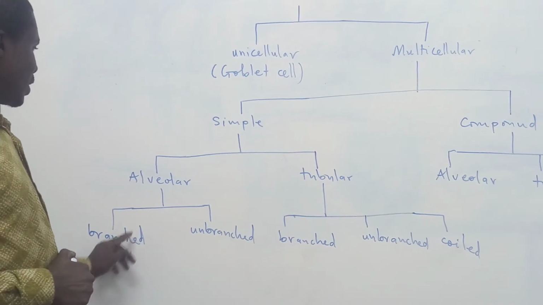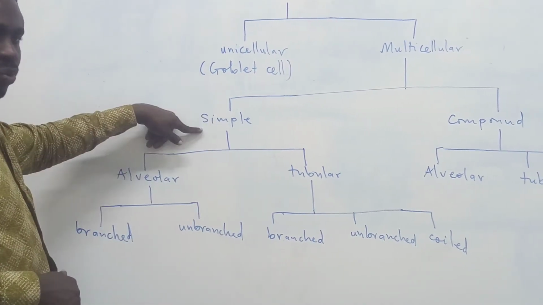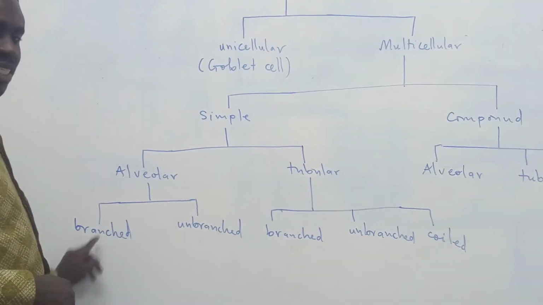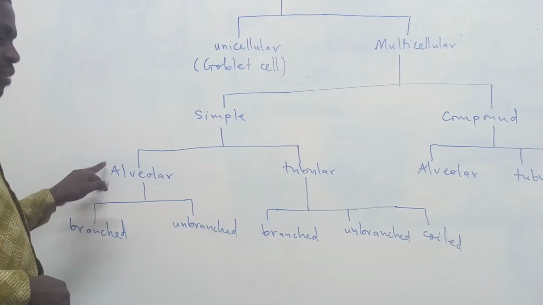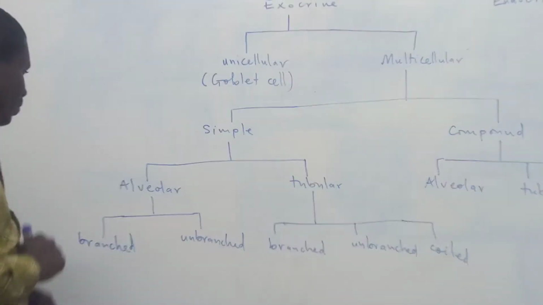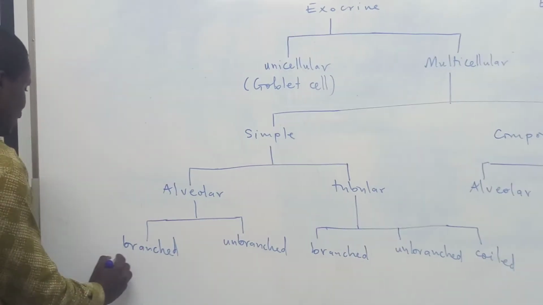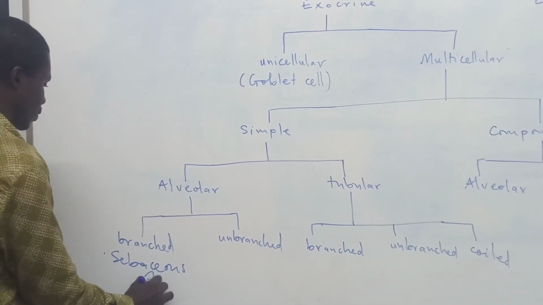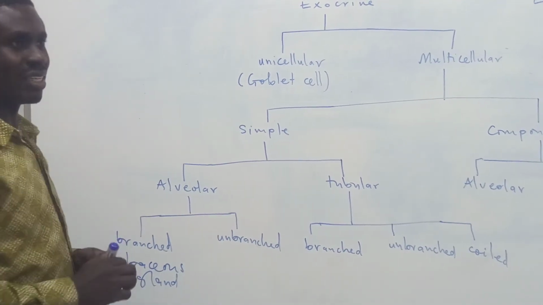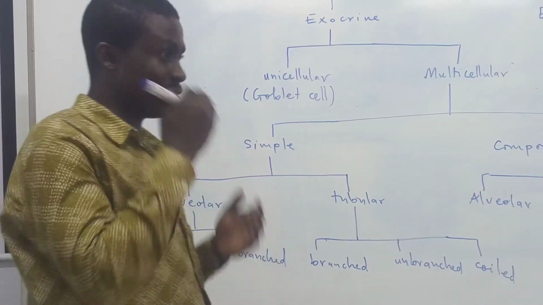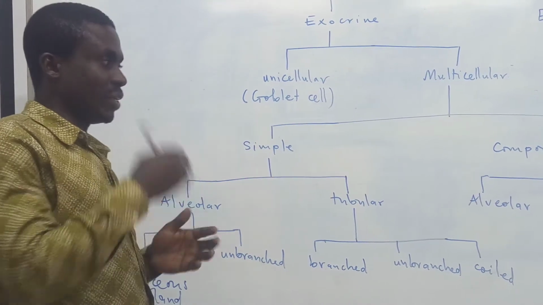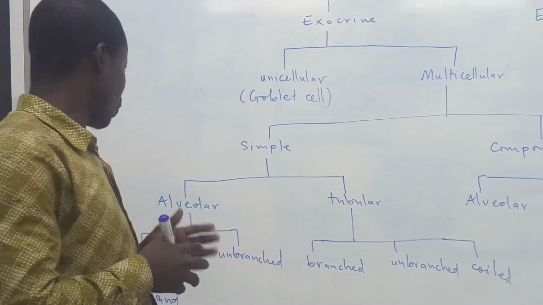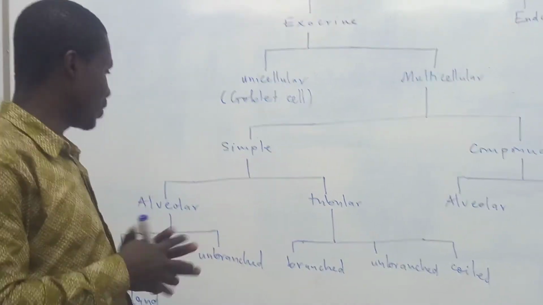Now, if it is simple branched alveolar, then the typical example that we have is the sebaceous gland. Some we have in the tarsal plate, around the eyelid, and we call them the meibomian or tarsal glands.